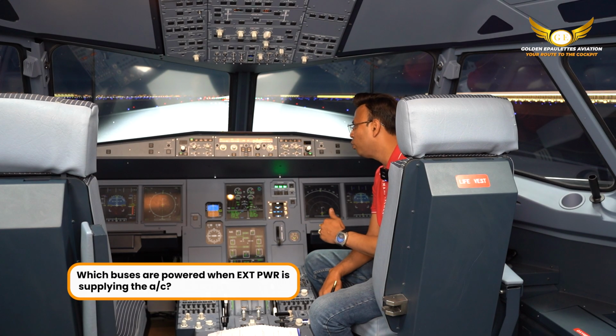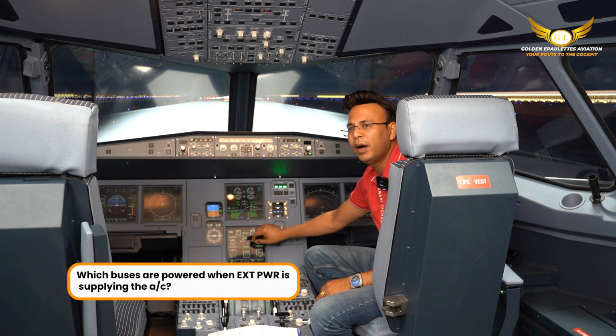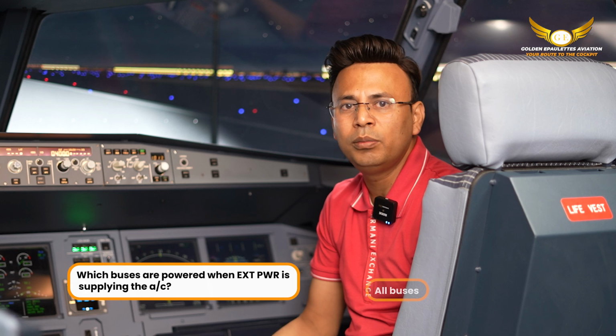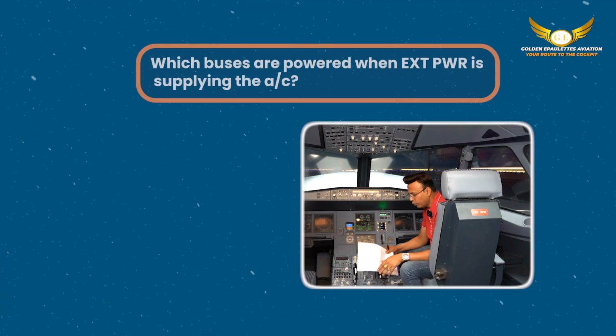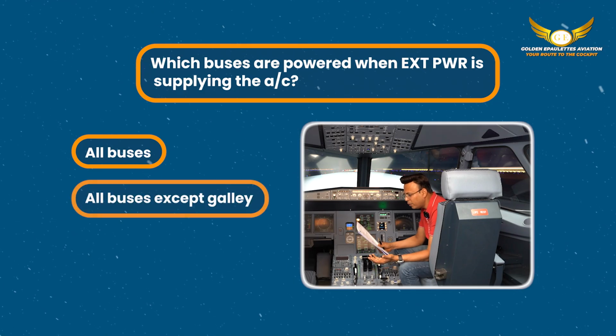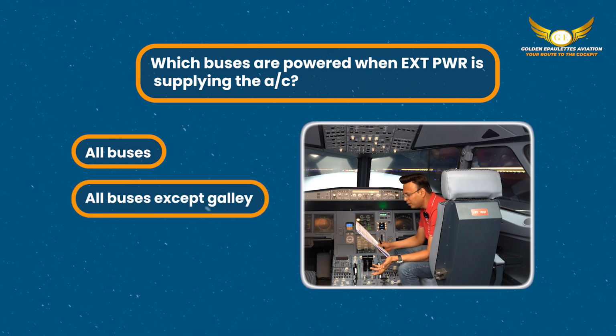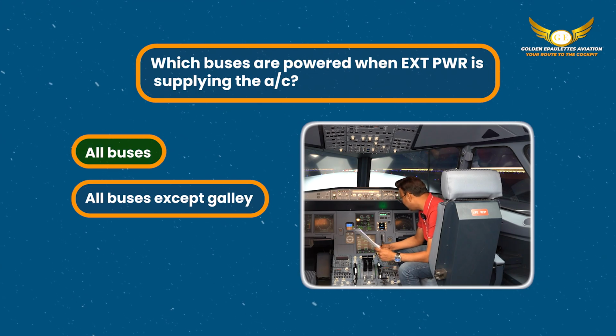In that case, what buses will be powered? The answer is, everything is normal, so all buses will be powered in that situation. The options are: all buses are powered, or all buses except galley are powered. So all buses will be powered along with the galley.